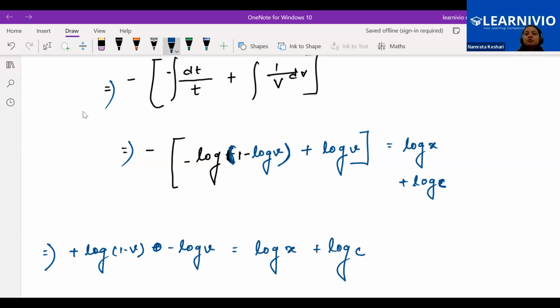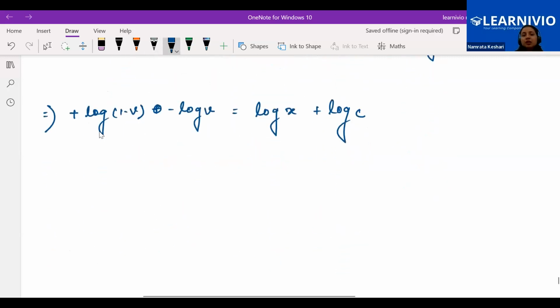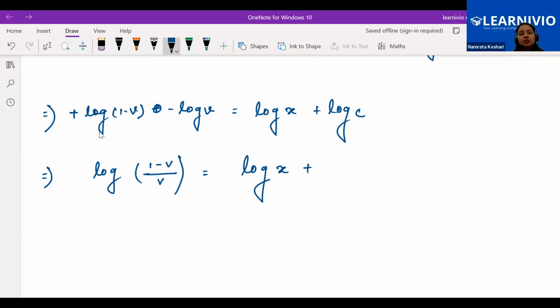I said to you, if you don't do any calculation, at least when you see log on both sides, try applying the properties of logarithm. So here, can we apply the property of log a minus log b? Yes, ma'am. It is equal to log x plus log c. Log x also we are going to pull, let's just take it on this side.